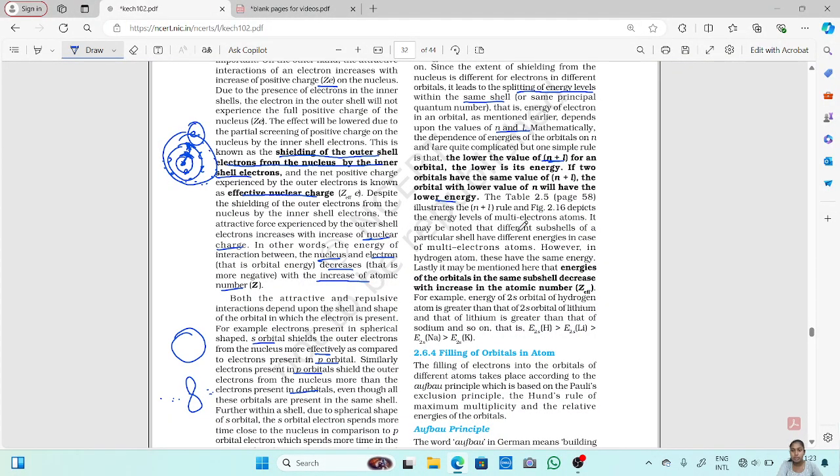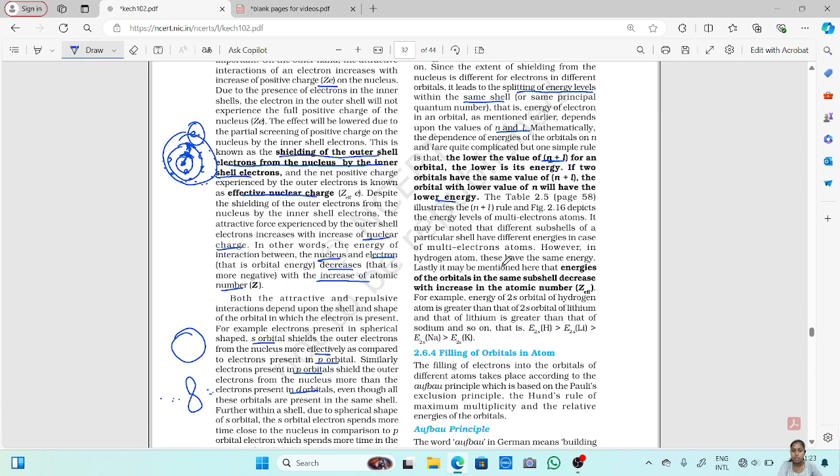It may be noted that different subshells of a particular shell have different energies in case of multi-electron atoms. However, in hydrogen, these have the same energy.